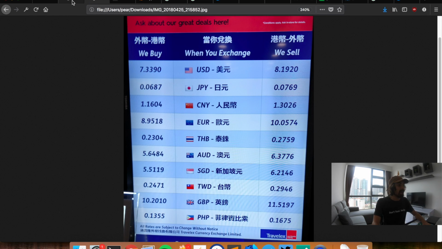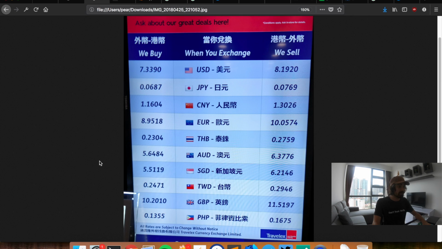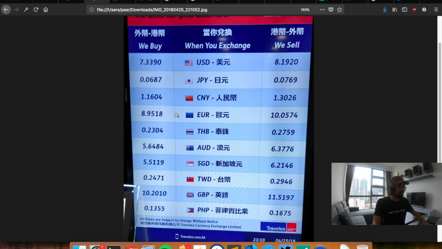If you come in with 100 euros in this shop, they will give you 913 Hong Kong dollars. However, if you come in with 100 euros in this shop, they will give you 8.9 times 100, only 890 Hong Kong dollars. It's a lot less. That's because they make up their own prices. They just literally invent them.